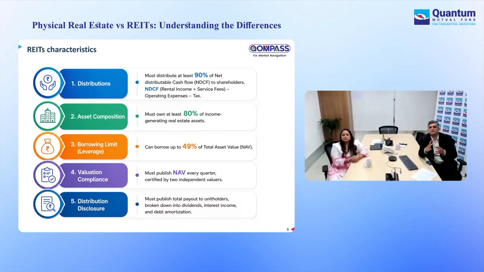They have to distribute 90% of it. This doesn't happen in equity typically. In equity, out of the 100 rupees in profit a company earns, if they give out 20 rupees as dividend, 80 rupees they reinvest and grow the business. Here the idea is that 90% is paid out. So one way to think about it is that 90% of the rental income, whatever is generated, will come back to you in the form of distributable income.